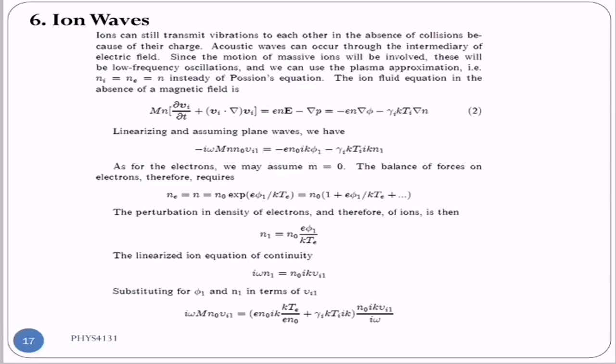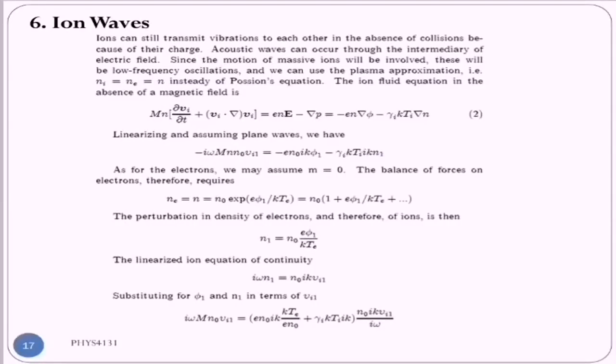The perturbation in density of electrons and therefore of ions is then n1 equal to n naught e phi 1 over kTe. The linearized ion equation of continuity is written as iota omega n1 equal to n naught iota k vi1.